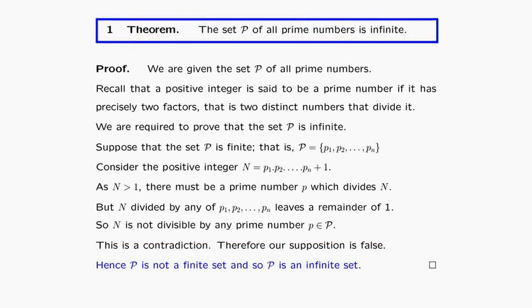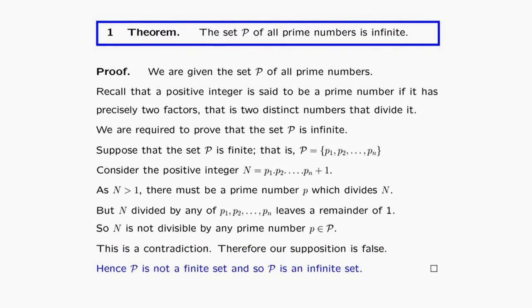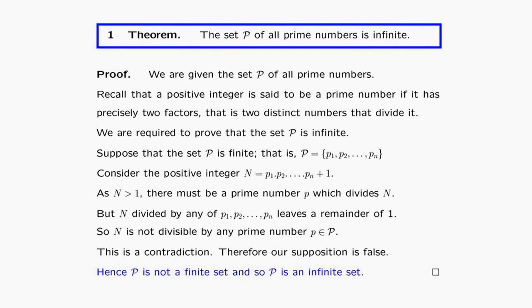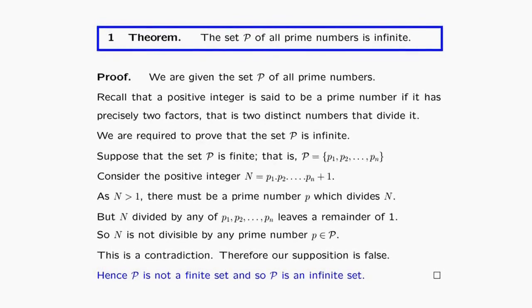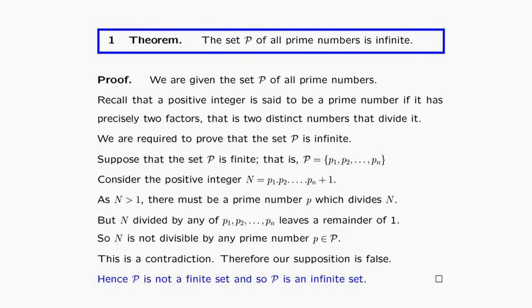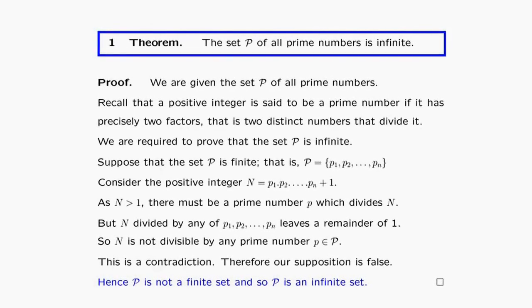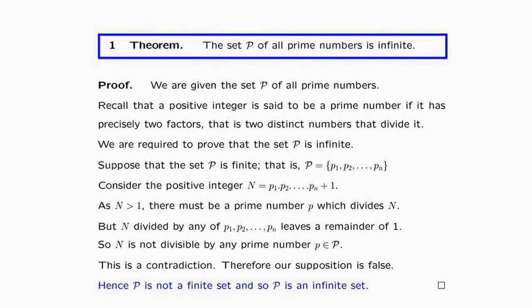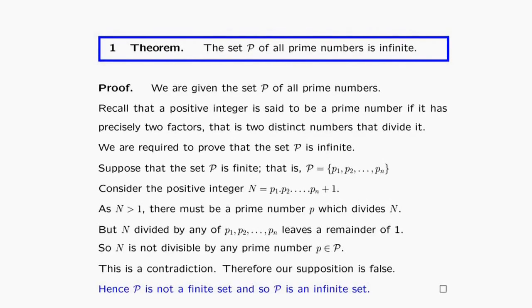Hence, P is not a finite set, and so P is indeed an infinite set, which was what we were required to prove. So you have now seen what is involved in writing a proof by contradiction.